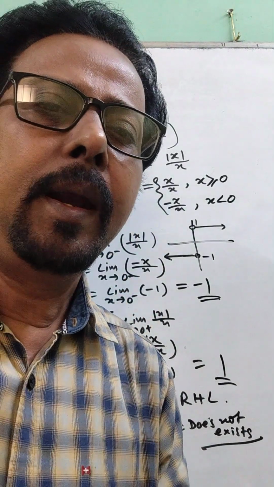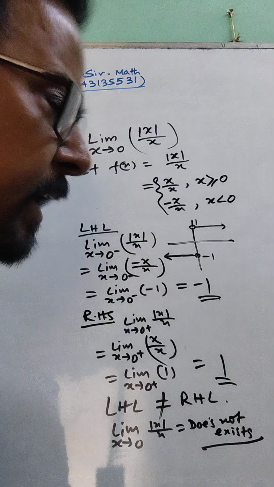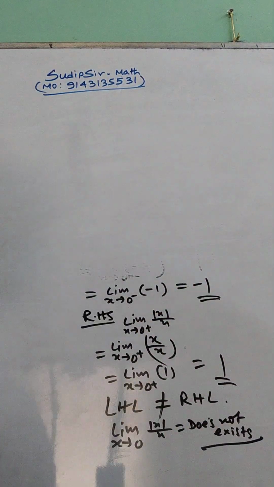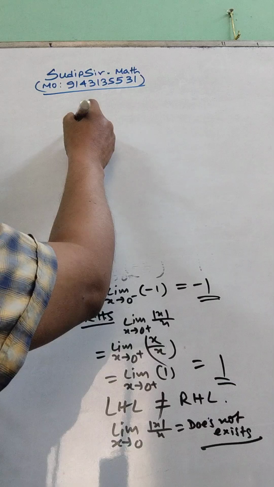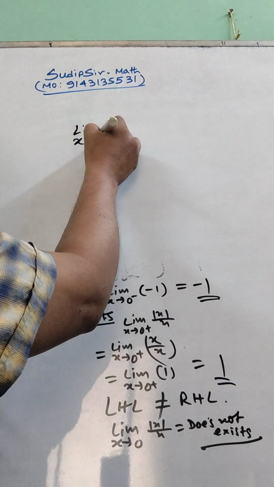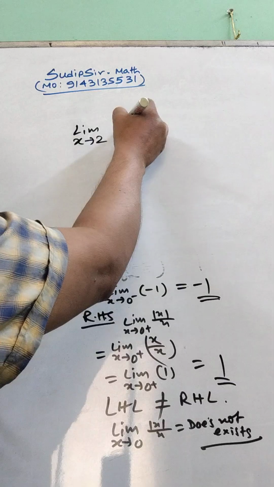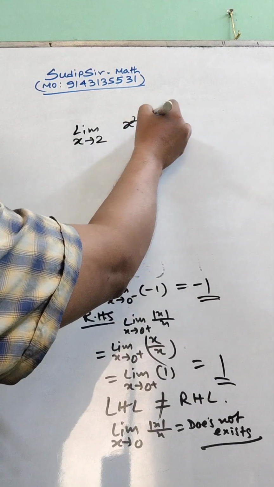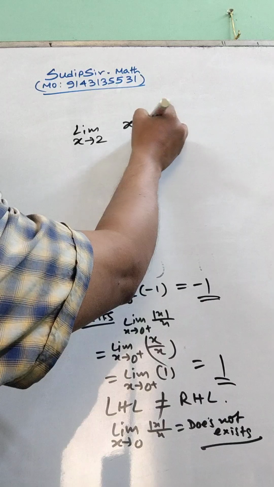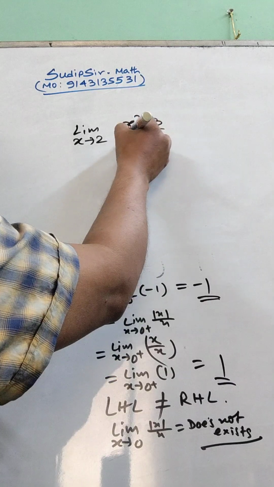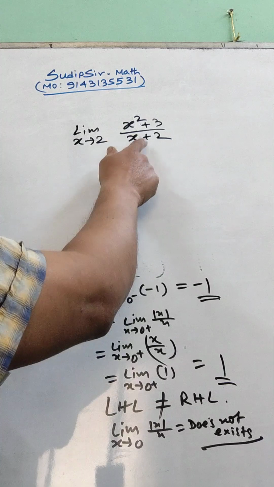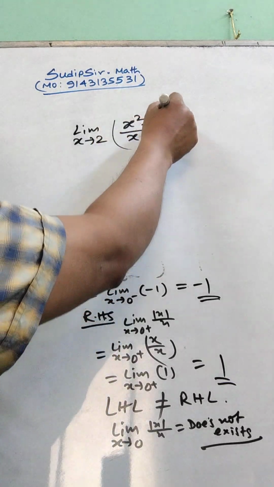Okay. Now for a simple function, you just have to put the value. Say limit x tends to 2 of (x square plus 3) by (x plus 2). You can just put the value.